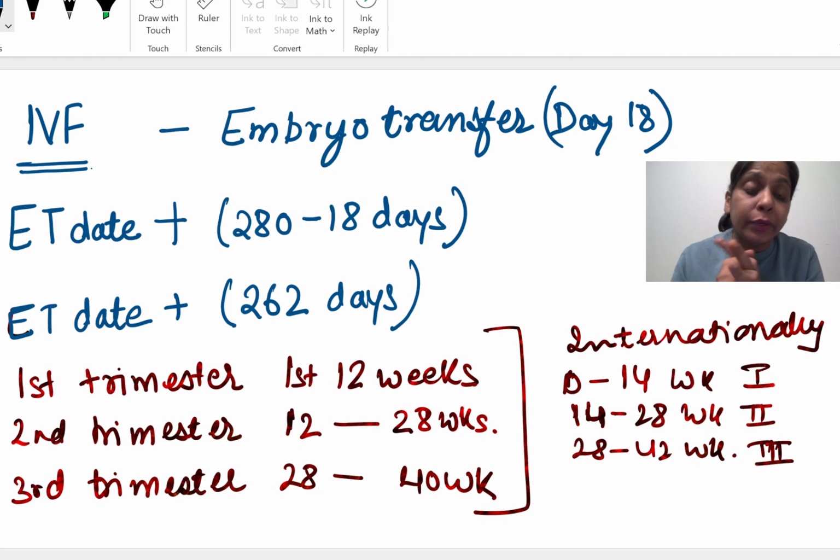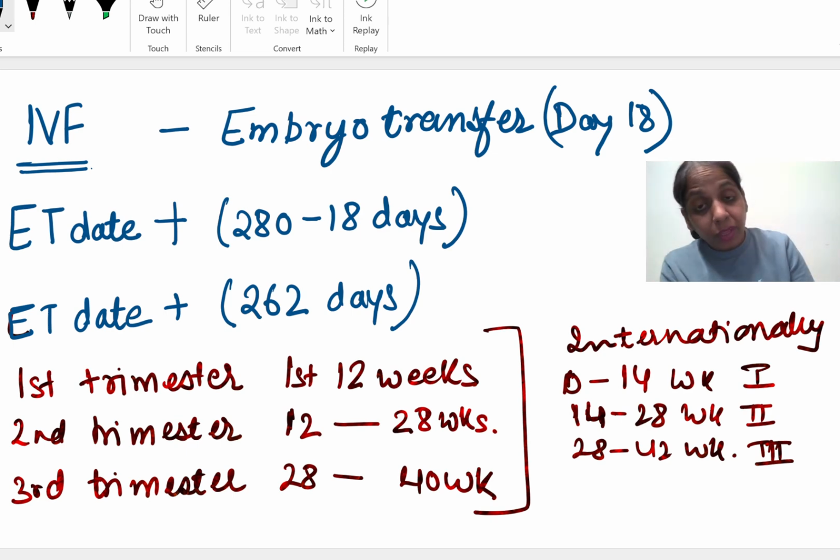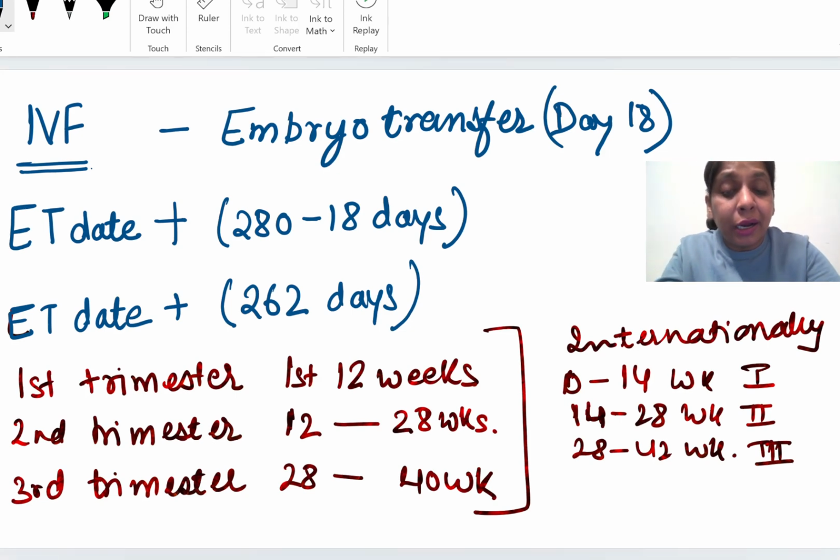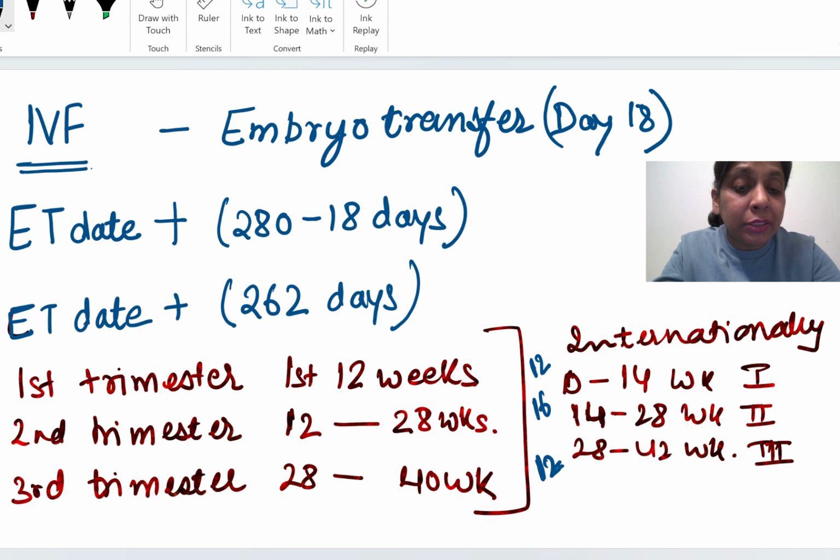Here I want to tell you, in the Indian scenario, the first trimester is 12 weeks, the second trimester is from 12 weeks to 28 weeks, and the third trimester is from 28 to 40 weeks. So the first trimester is 12, the second is 16, and the last is 12.